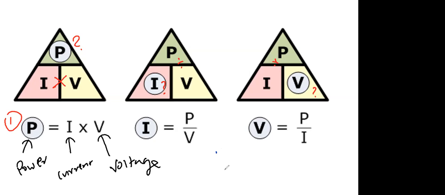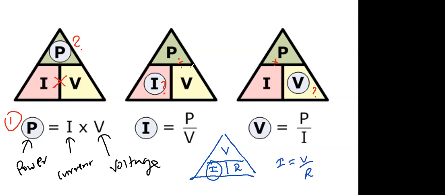Some students find it difficult to memorize the equation, so you can remember this: V equals I into R. If you want to find voltage, then I into R. If you want to find current, then V over R. Current equals V over R, like that.